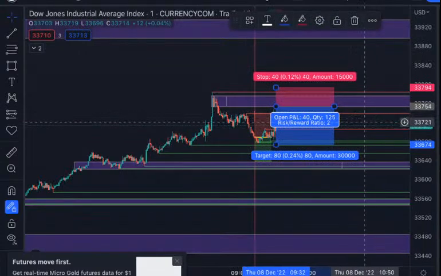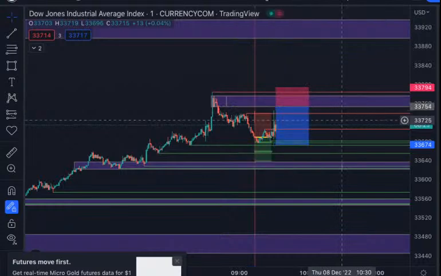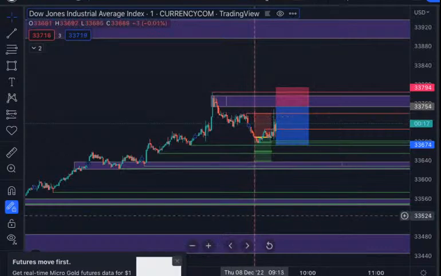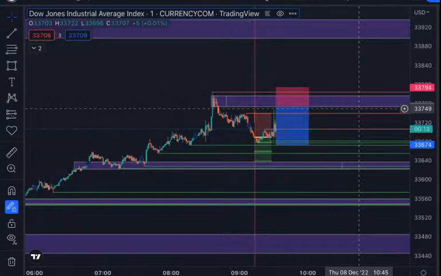This may play out, but I'm going to treat this as just a potential move. Overall bias for the day is going to be to the upside. It's going to be bullish.